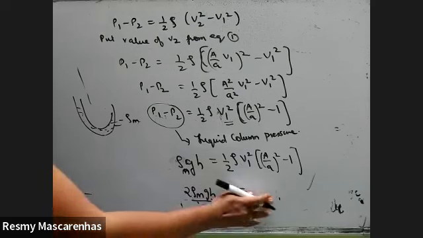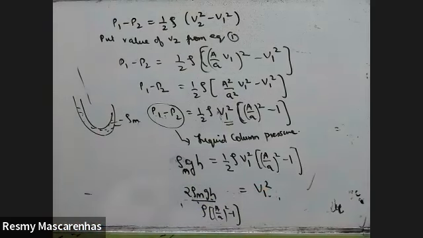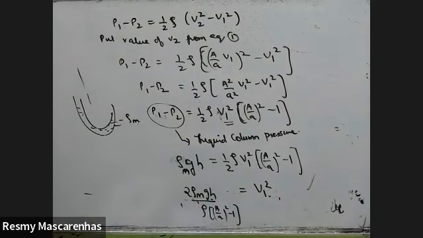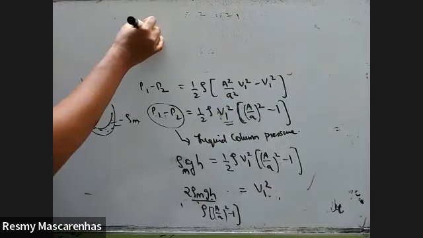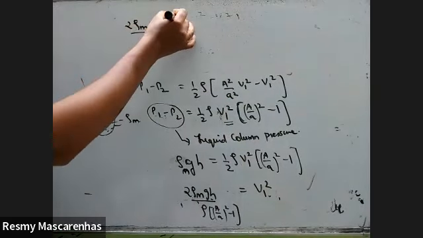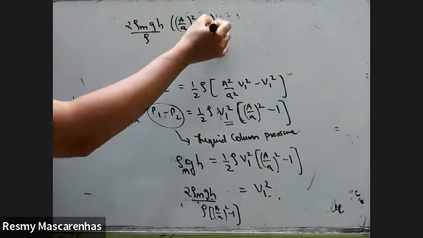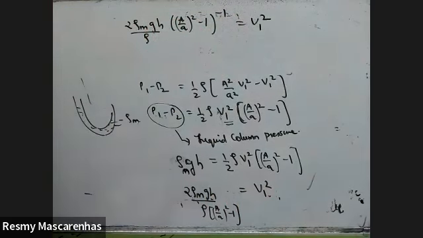So what remains here is only V1 square. And this whole term I'll take on top, so it will become minus 1. And finally just write it under root sign.